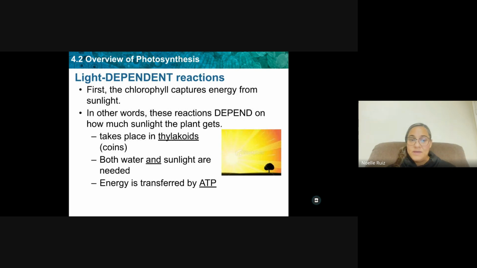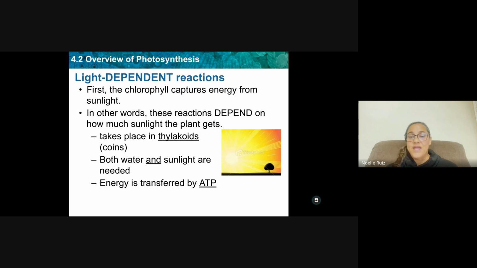So the light dependent reactions, first thing that has to happen, the chlorophyll, that pigment that makes it green, captures energy from sunlight. And there is a whole chemical explanation for how this is done. We do not go over it. We just know that the chlorophyll is the actual molecule that captures the energy from sunlight.